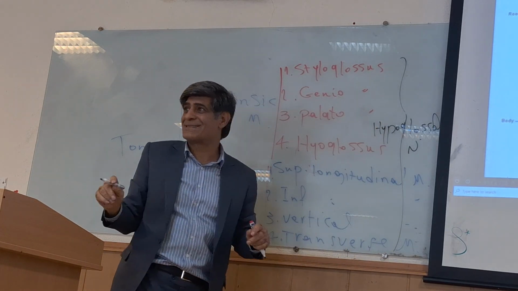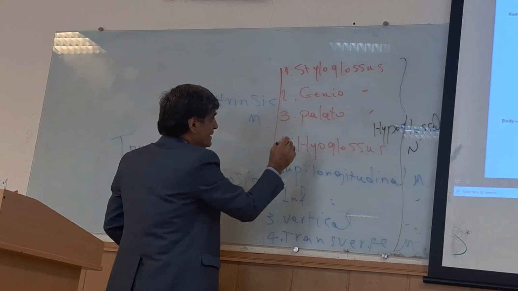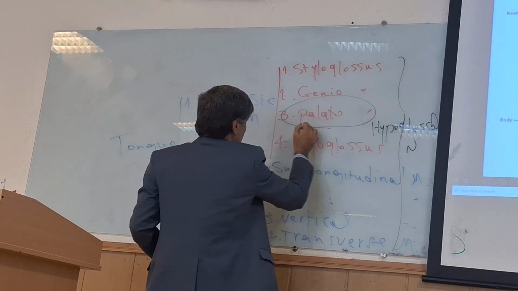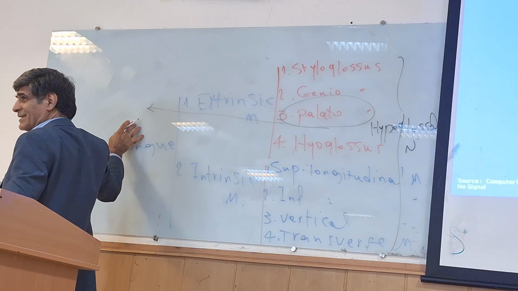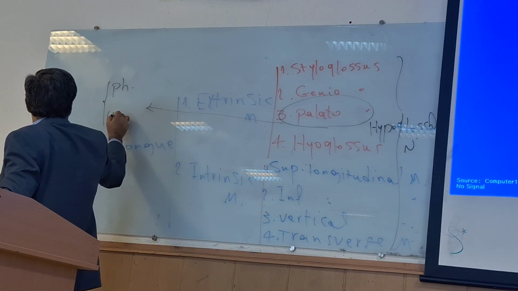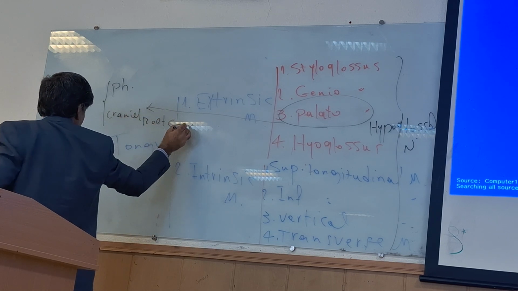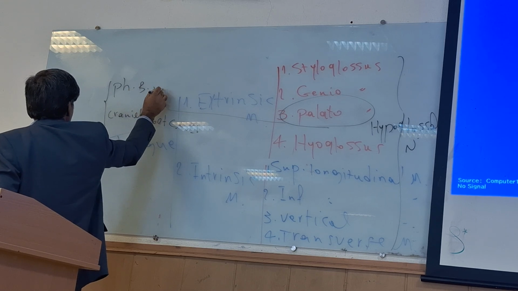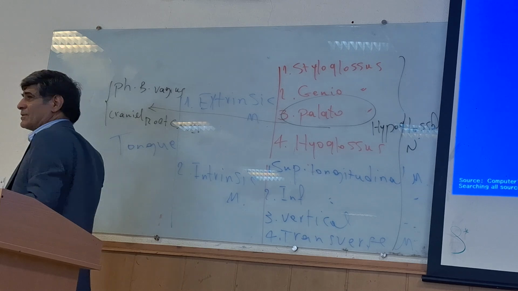Which muscle is the exception? Palatoglossus. The nerve supplying palatoglossus is the vagus, the pharyngeal branch of the vagus, not CN11.